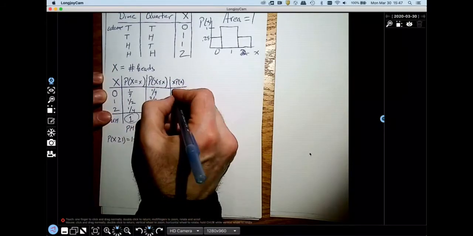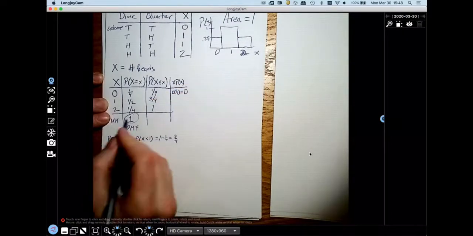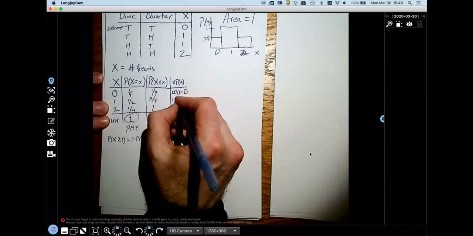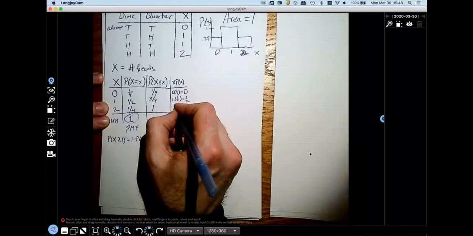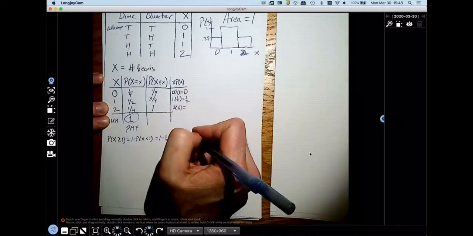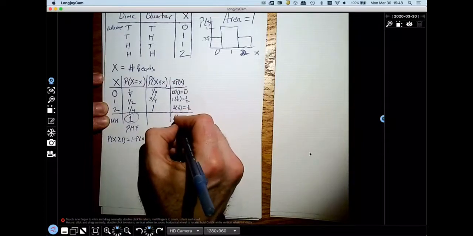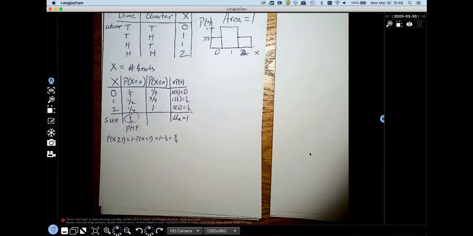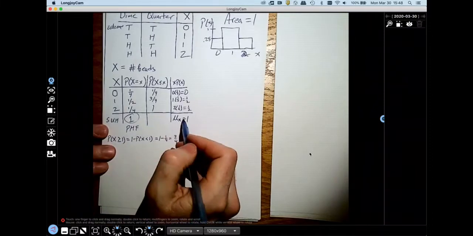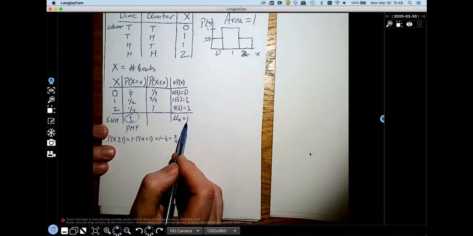This is going to be 0 times 1/4, which is 0. This is 1 times 1/2, which is equal to 1/2. This is going to be 2 times 1/4, which is equal to 1/2. Therefore, the mean of x is equal to 1. So what that tells me is I expect 1 head. Sometimes I get fewer than 1 head, sometimes I get more than 1 head, but on the average I get 1 head.